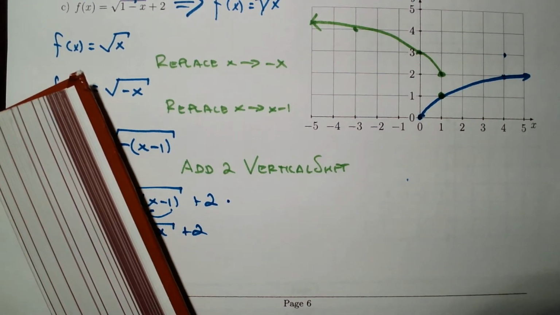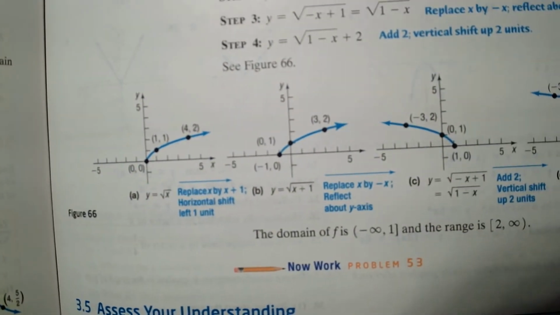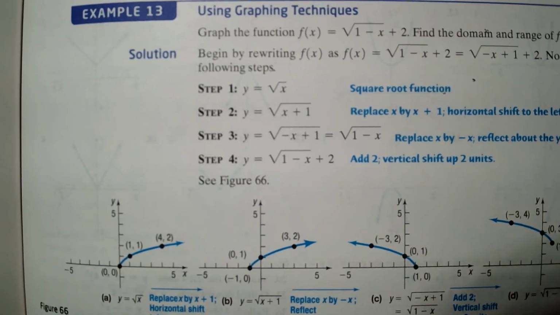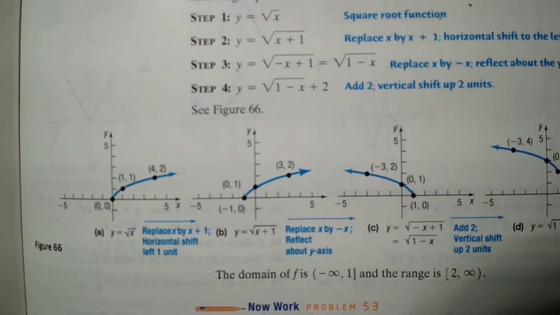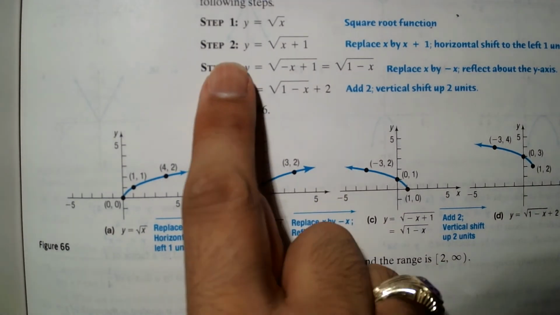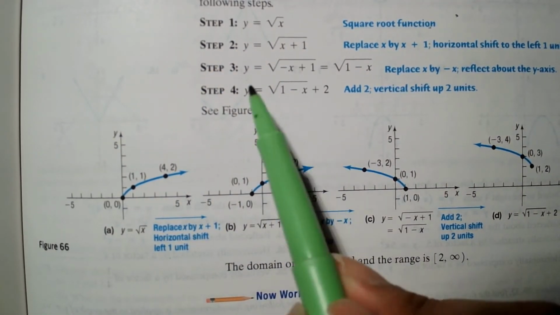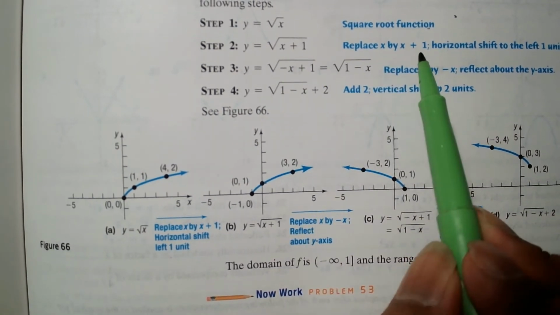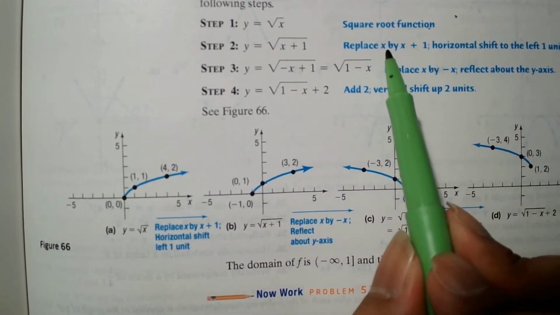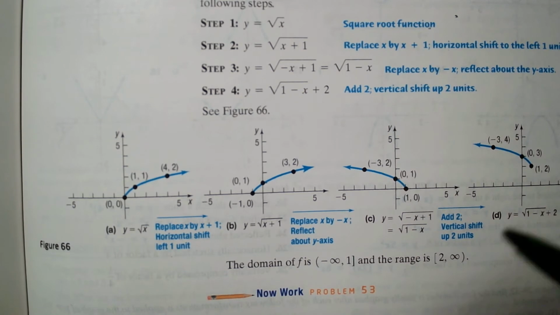So this will be, it's right here. That's actually the function we just did, the example in the book. So the first step is to start with the parent graph. If we were to do the first transformation, in this case I did it the reverse way.